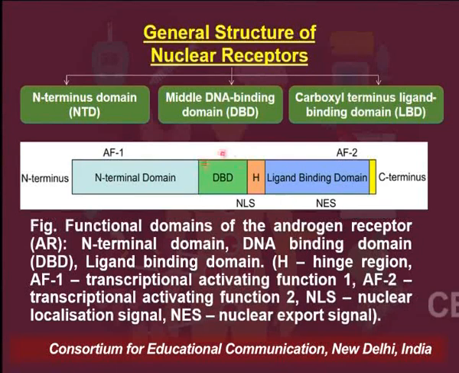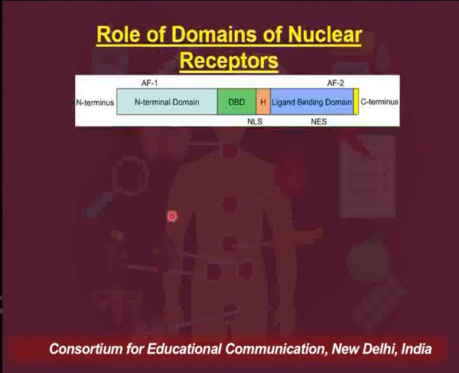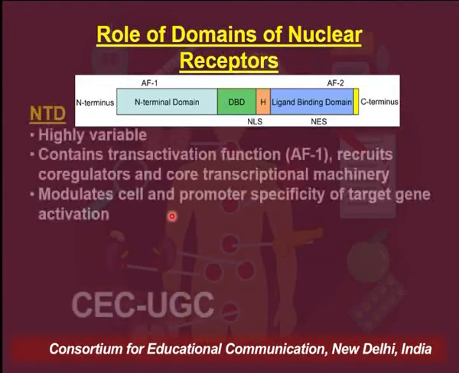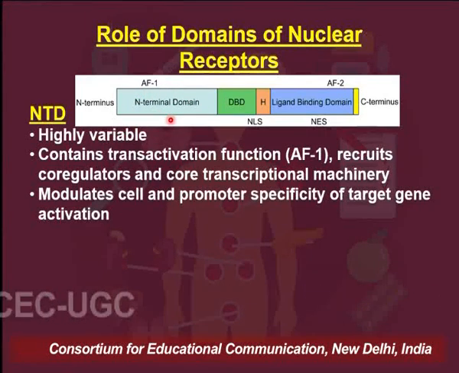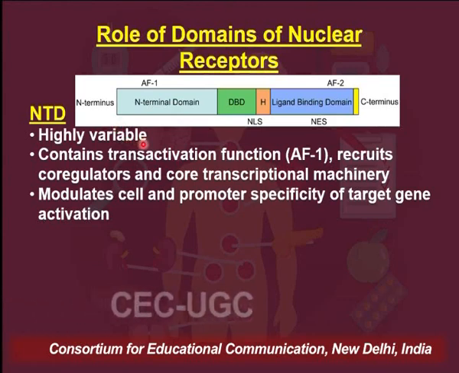But you must be wondering, what are these small H domains? What is this AF1? So now let us understand each and every domain in detail. There is the N-terminal domain, which is present towards the N-terminus and is usually variable.